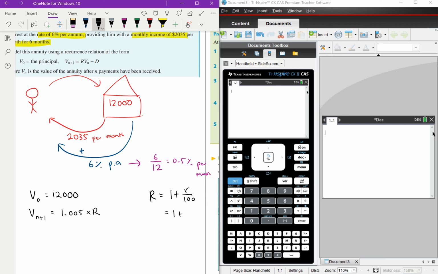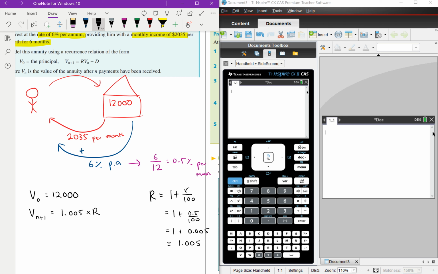So it's 1 plus 0.5 over 100, which is 1 plus 0.005. And that's how I got my 1.005. That's going back to exercise 9B.